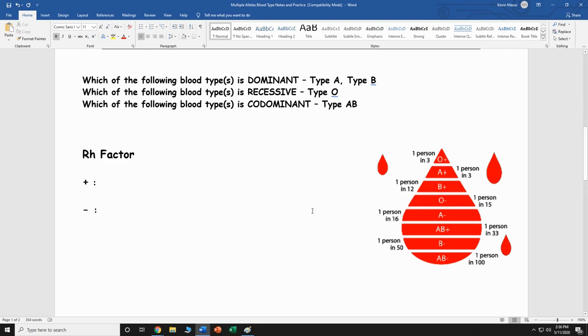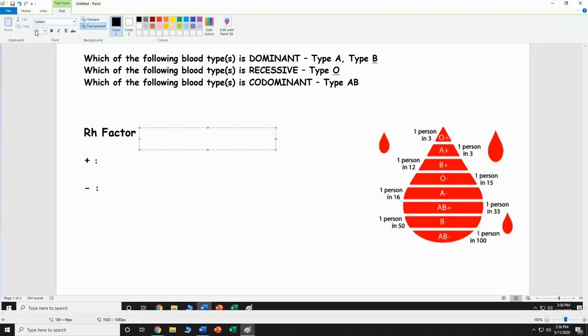Rh factor is a special little thing that we haven't talked about yet. So let's talk about that right now. All right, so Rh factor is a set of antigens found on the surface of red blood cells.